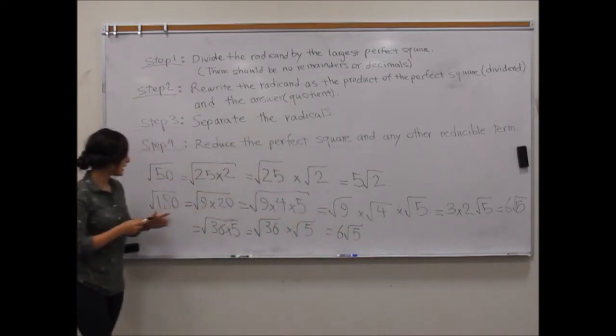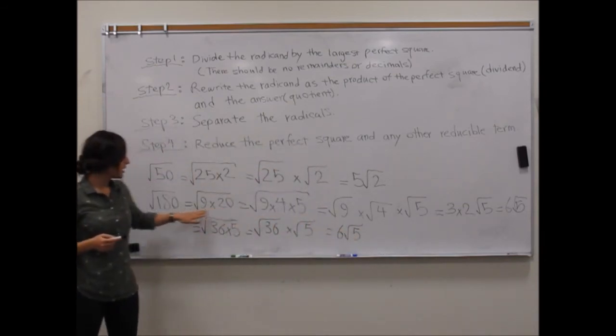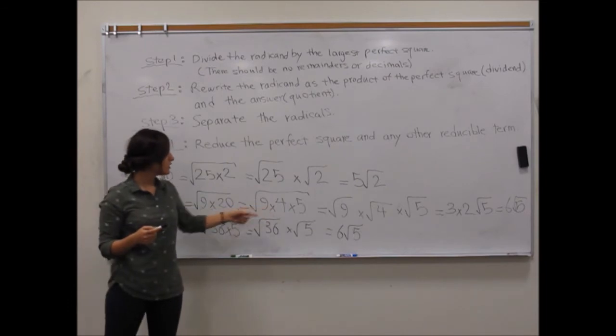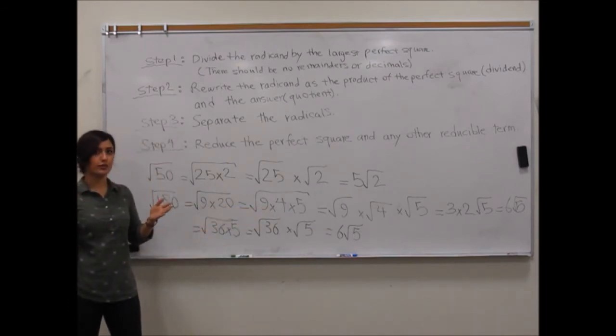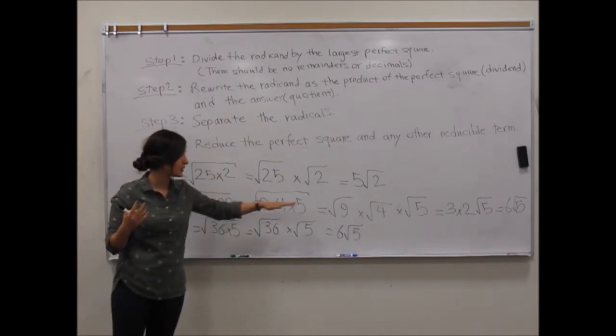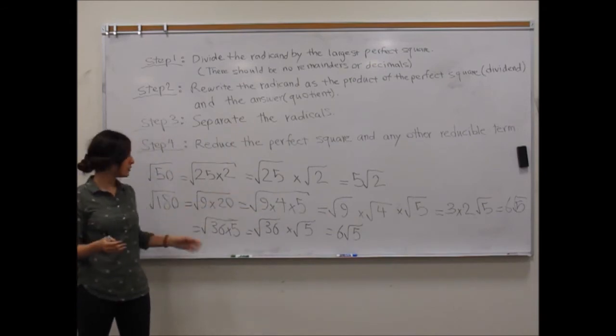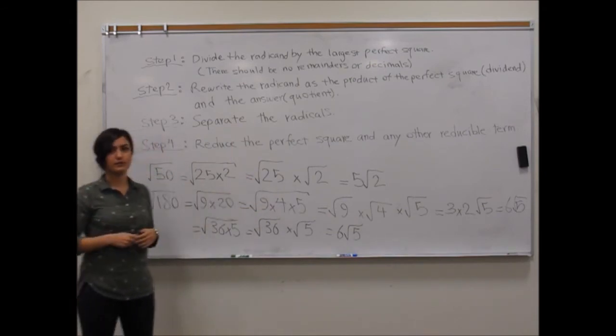And it's good that I did this here because you can see that if you don't divide by the largest perfect square, it's going to take you more steps. You still get the right answer, but it's just going to be more steps.